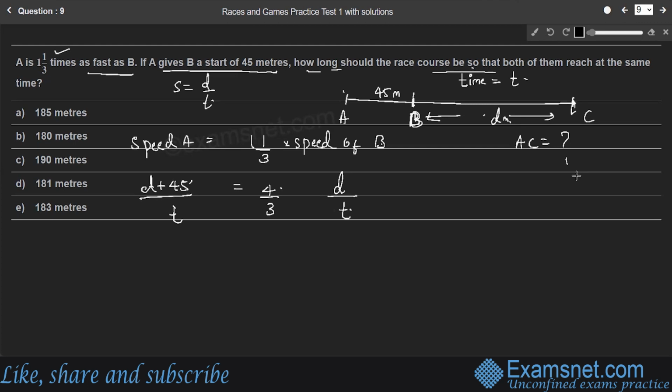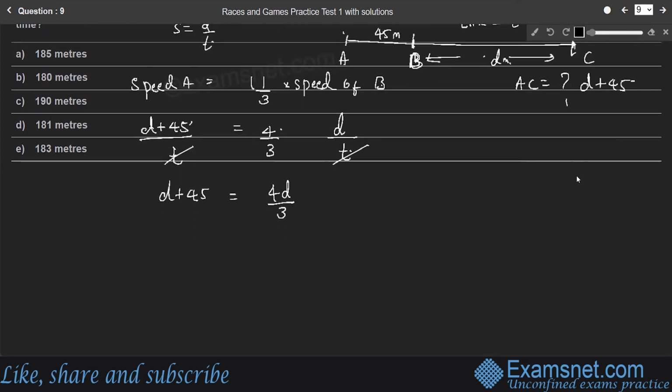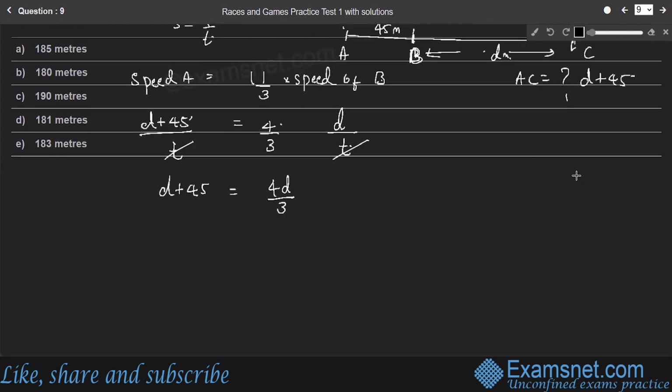Simplify it. Here we can cancel t and t. Finally we need the distance AC, which is d plus 45. Let us find the value of d. So d plus 45 is equal to 4d by 3. So 45 is equal to 4 by 3 d minus d, which is d by 3.